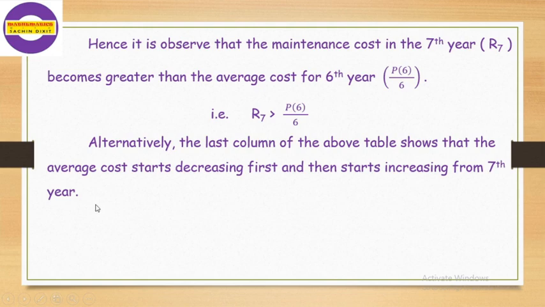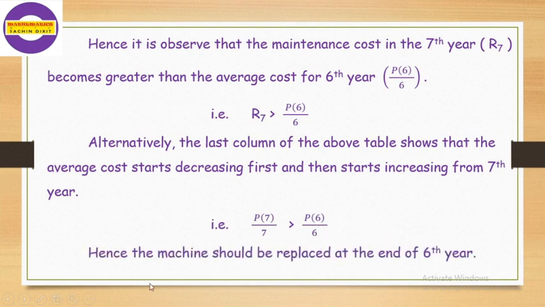That is, from the 1st to the 6th year the average cost values decrease, and at the end of the 7th year the value starts increasing. That is, P7 upon 7 is greater than P6 upon 6. Hence the machine should be replaced at the end of the 6th year.